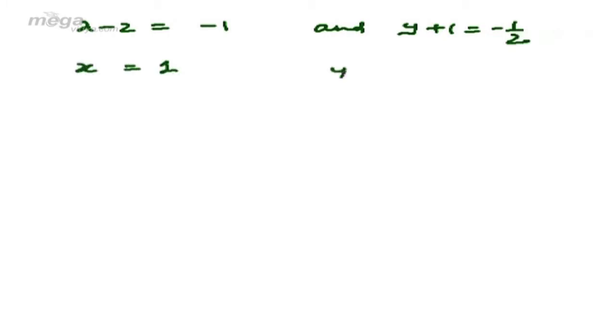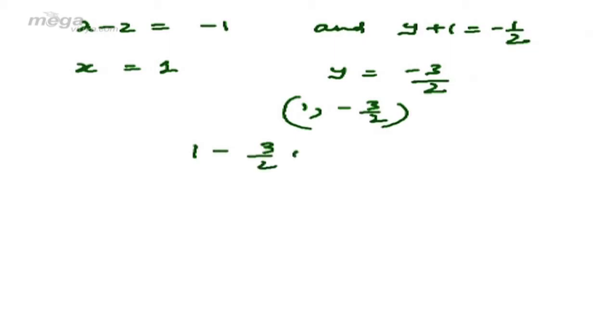If you compare, then x minus 2 is equal to minus 1 and y plus 1 is equal to minus half. So x becomes 1 and y becomes minus 3 by 2. So the vertex A can be represented by 1 comma minus 3 by 2, or if you represent it by the complex number, that will become 1 minus 3 by 2 i.